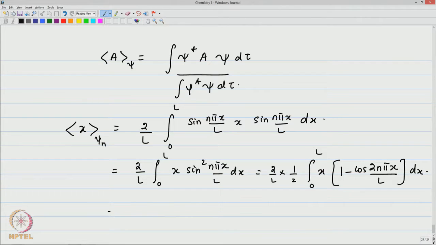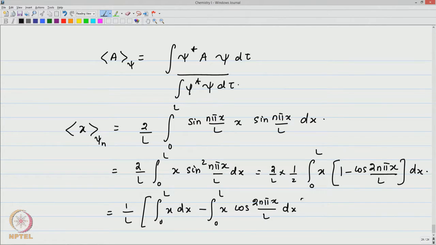So that gives you 1 by L times 2 integrals, namely 0 to L x dx minus 0 to L x into cosine 2 n pi x by L dx.